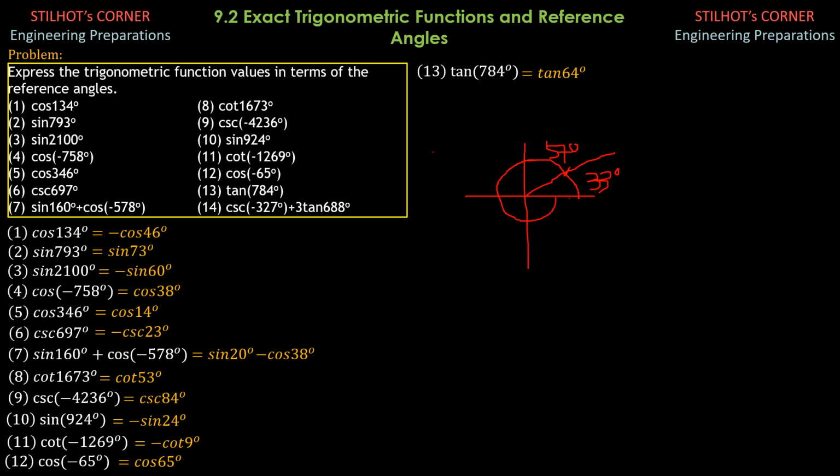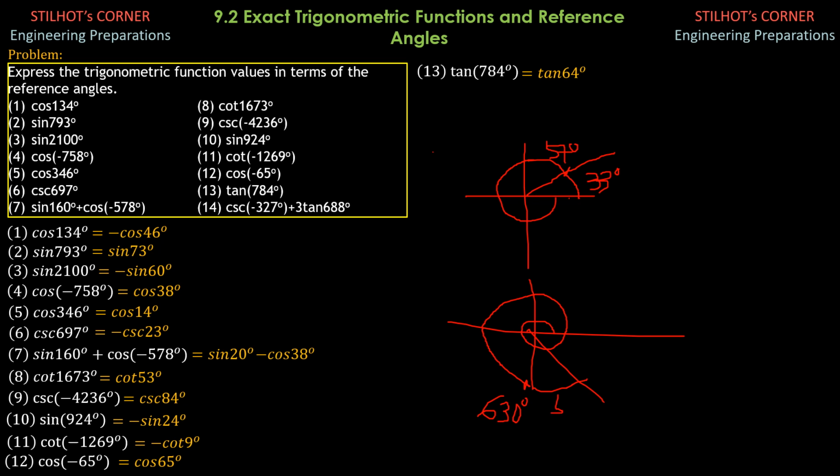For 688 degrees, counterclockwise. So 360 plus 90, 450 plus 90, 540, plus 90, 630. Then we add 58 to make it 688.